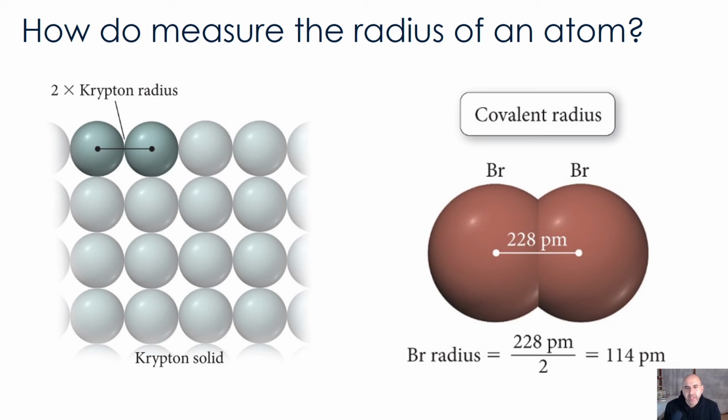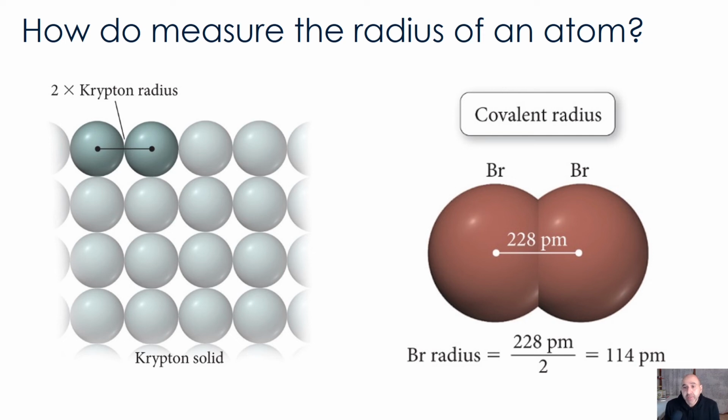Now, if I have an atomic solid like a crystal of krypton, so you freeze it down until it's krypton ice, basically, I can measure the distance between two nuclei. Well, logically, half of that distance is going to be the radius of a krypton atom.